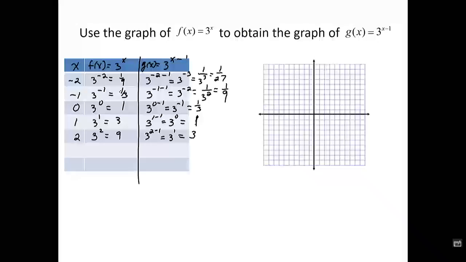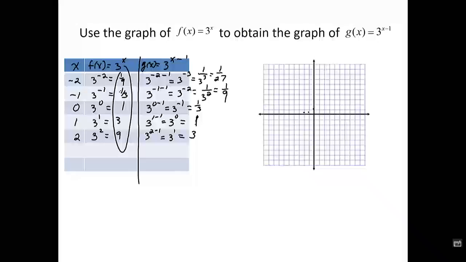So let's see what happens. If we plot, let's plot f first. Let me make sure I'm doing these. Let me go back.